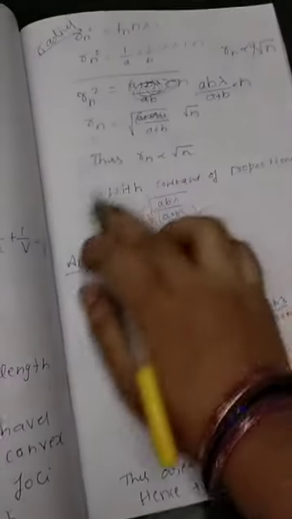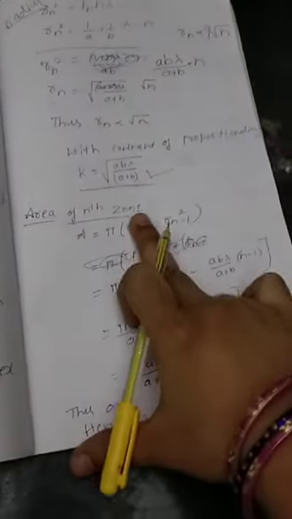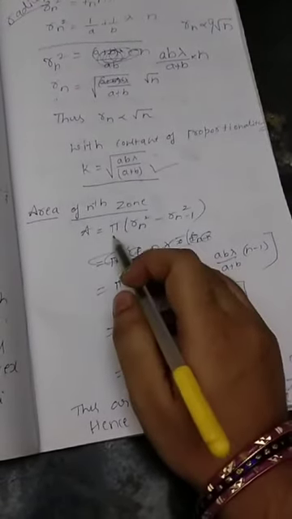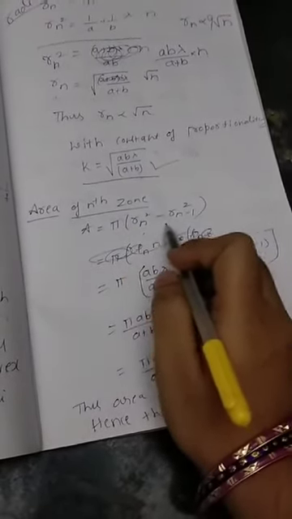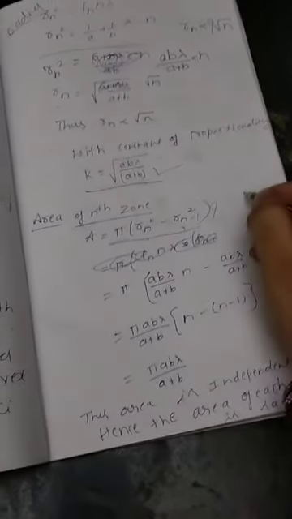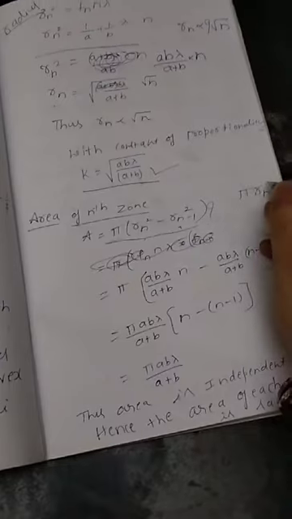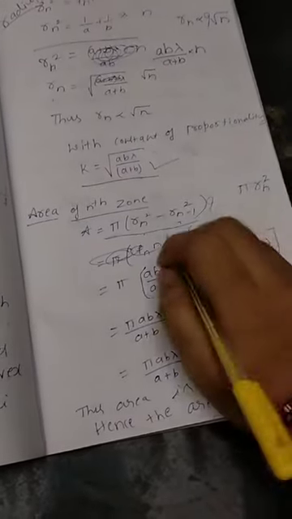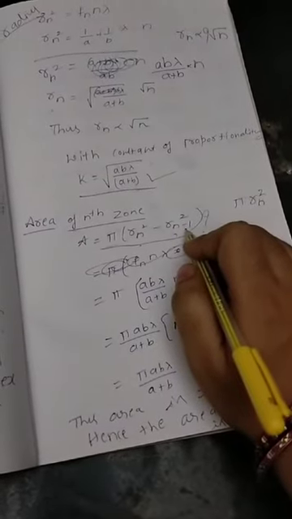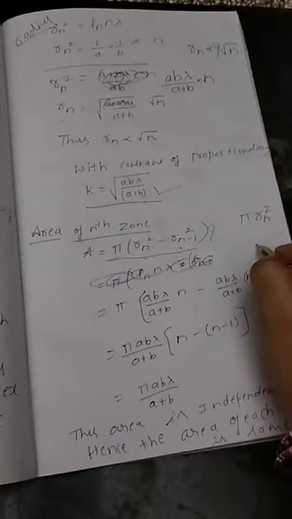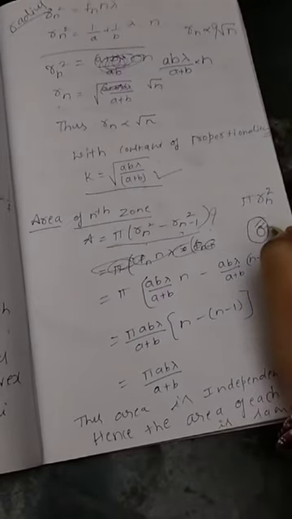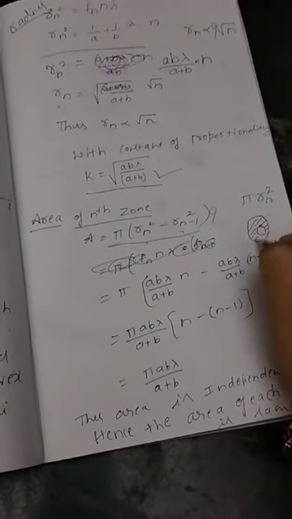Now if I consider the area of the nth zone, the area can be written as pi times Rn square minus Rn minus 1 square. Why is this? The nth zone cannot be considered directly as pi Rn square. It has to be written as Rn square minus Rn minus 1 square, because if you have zones like this, the area in between is known as the zone, the annular area.